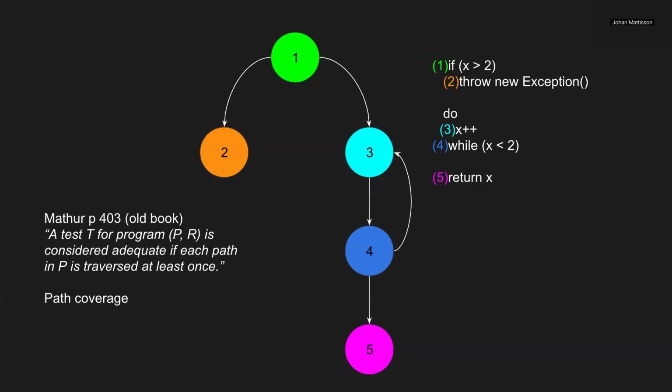The tricky part here is the loop. There's something called loop coverage. You want one test case where you don't use the loop, one where you use the loop one time, and one where you use the loop many times.